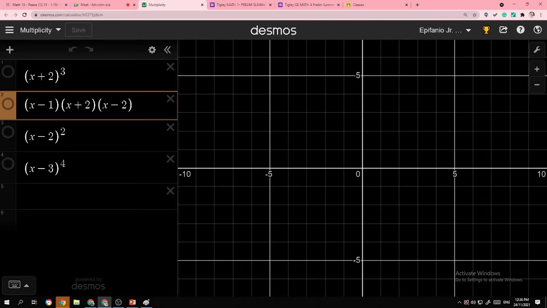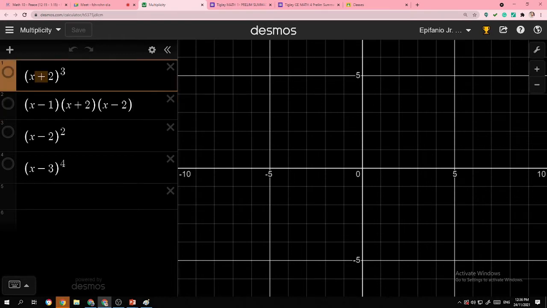What is the exponent of x minus 2? 1. Okay. So in number 1 and number 2, are all the exponents even or odd? Odd. So, meaning, 1 and 2 are having odd multiplicities.